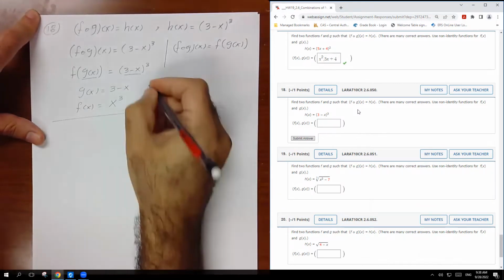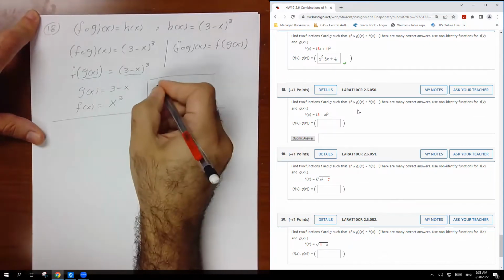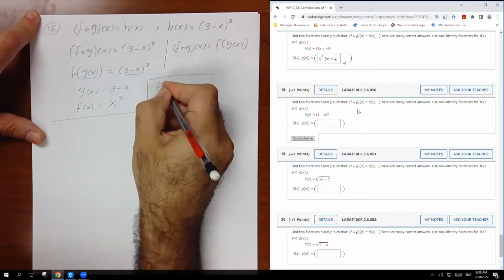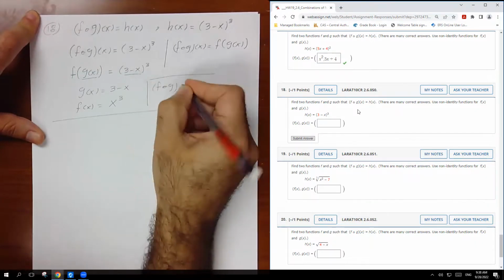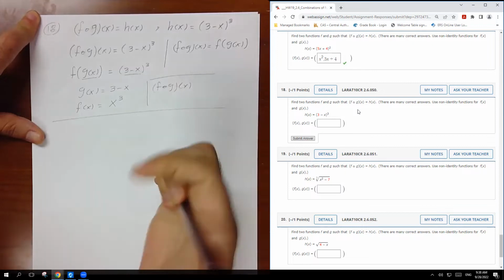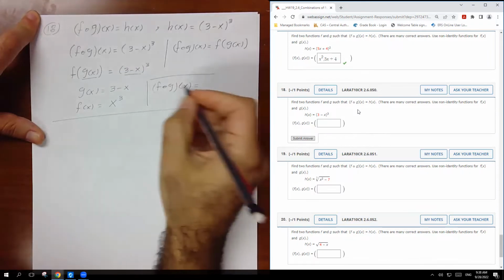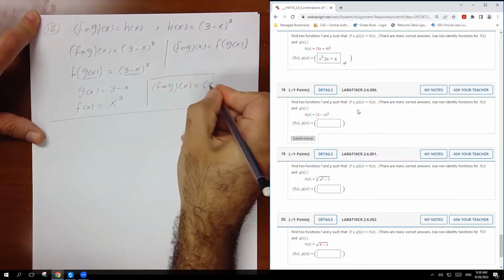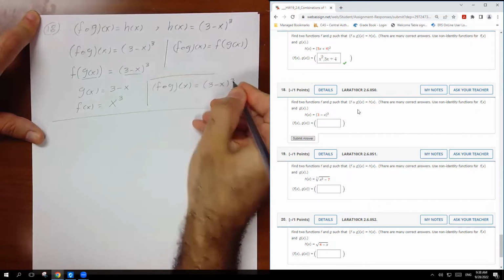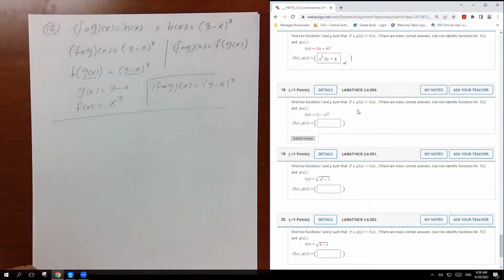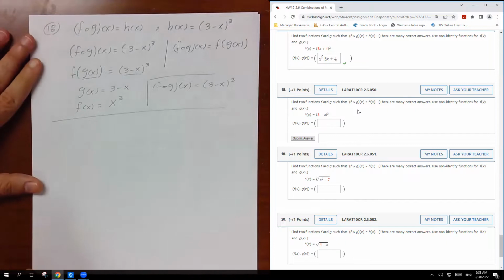Again, to check that, just do f composite with g of x, and your result is supposed to be equal to this one, 3 minus x cubed. This is for example 18.